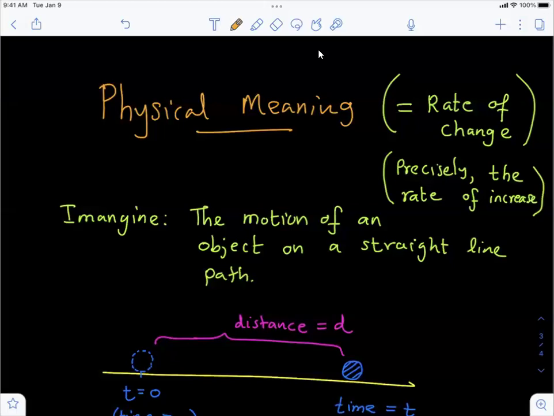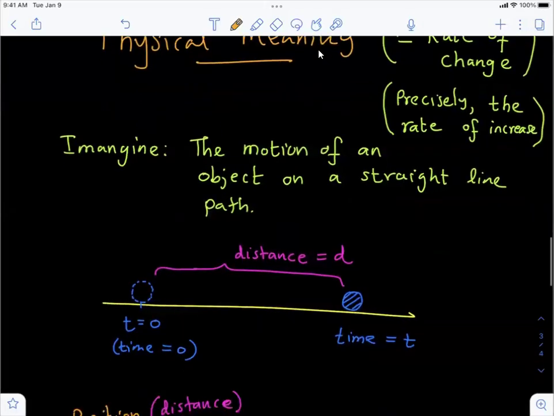And when you consider the dynamics of, let's say, celestial objects like planets and comets, wherever we have dynamics of certain quantities, we can derive the concept of rate of change behind it. But when you consider rate of change, or rate of increase more precisely, how can it be connected to this concept of the derivative?